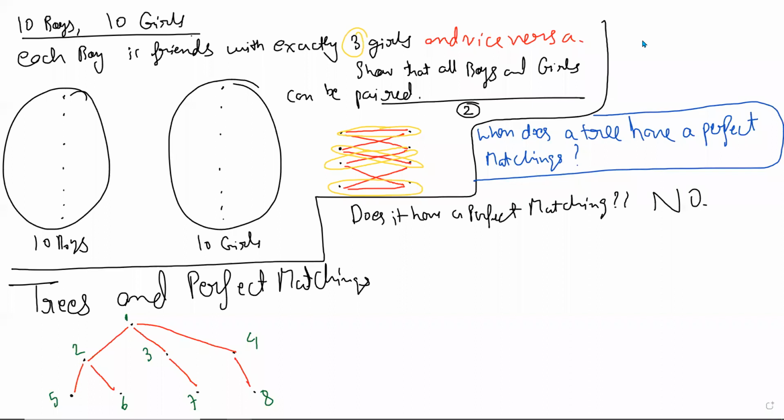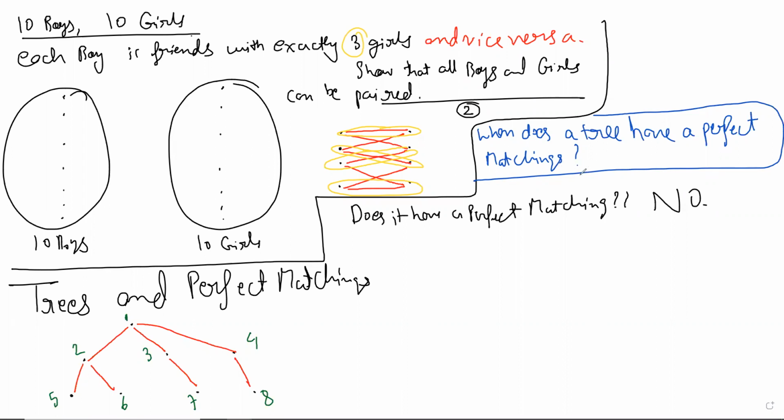Okay, let me give an example of a. Oh no, yeah, I think it's so simple. It is so simple in the sense that the structure is going to be so simple. Do you guys sense what kind of tree will have a perfect matching?